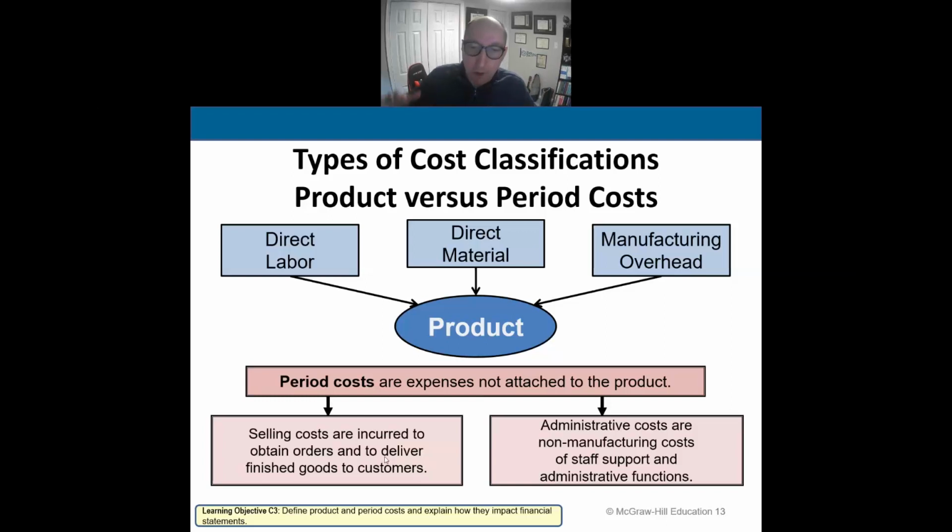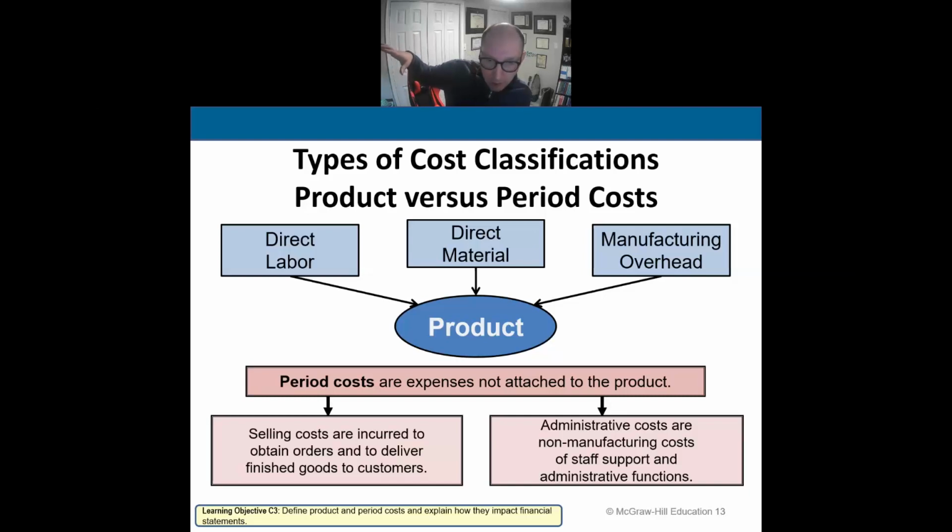That's a selling cost. We also have administrative costs. Administrative costs, that's the office people. That's my accountant, that's my human resources. Their costs are administrative. They support the business, but their costs are not directly related to manufacturing. The accountant doesn't do manufacturing. HR doesn't do manufacturing. They're support staff. They are part of the administrative function of the business.